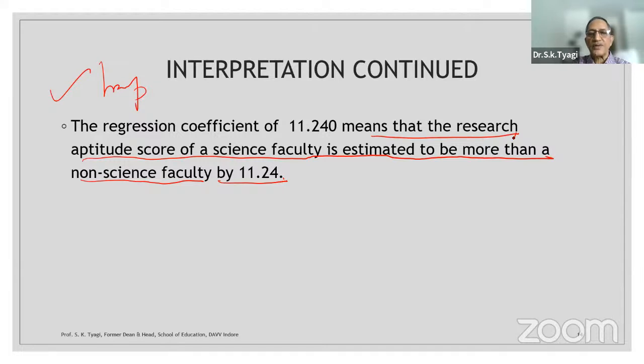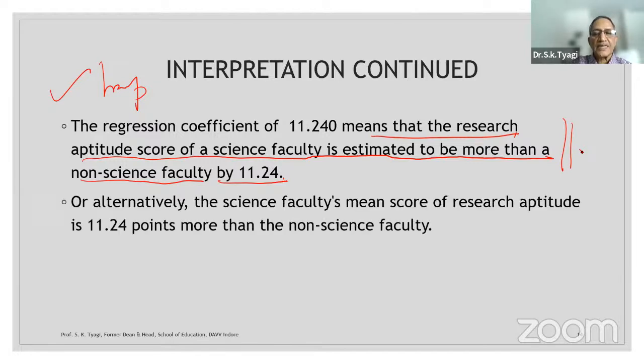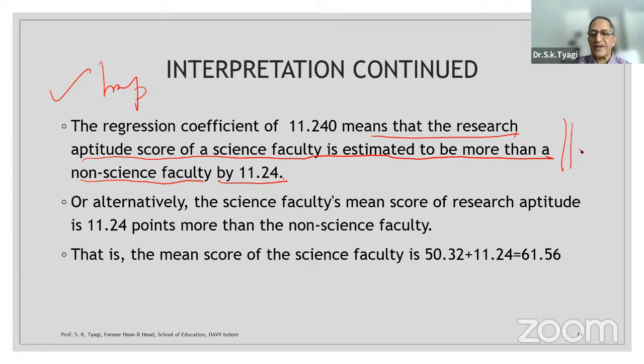So the score of science faculty is greater than non-science faculty by 11.24, and this is significant. So this is how you interpret it. Or alternatively, the science faculty mean score of research aptitude is 11.24 points more than non-science faculty. That is, the mean score of science faculty is 50.32, this is the constant, plus the beta regression coefficient, that is 61.56.